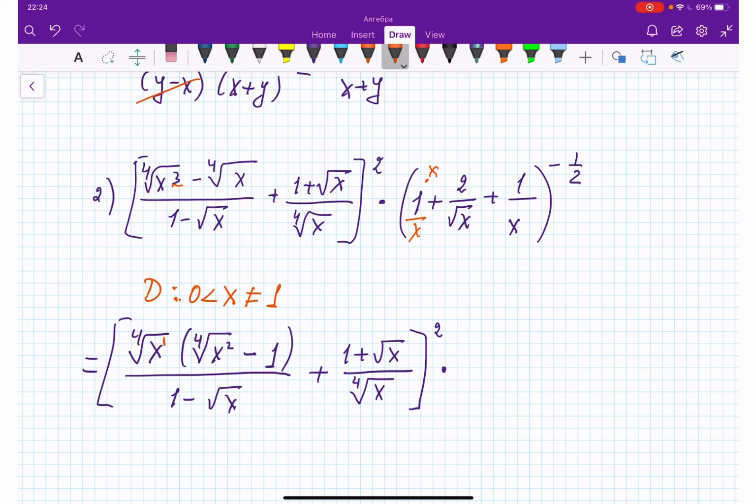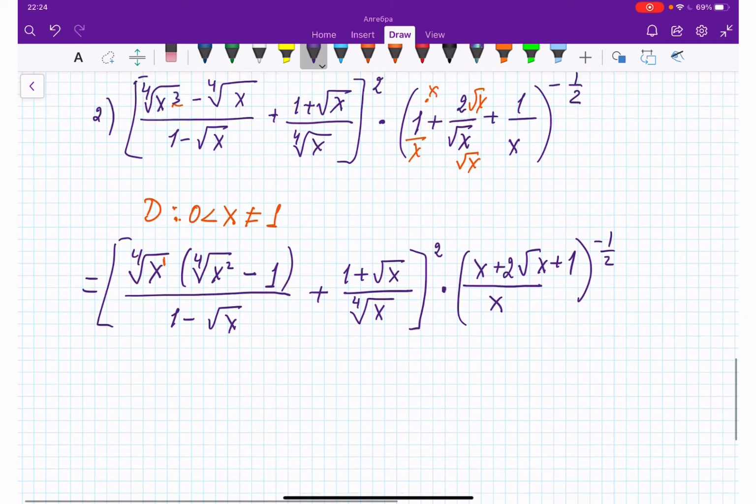Since the second fraction has square root of x, we have to multiply by another square root of x to get x, which means here also square root of x. The first fraction has x, so we don't touch it. And we are getting x, here will be x plus 2 square root of x plus 1. All right, and this is to power negative 1/2.